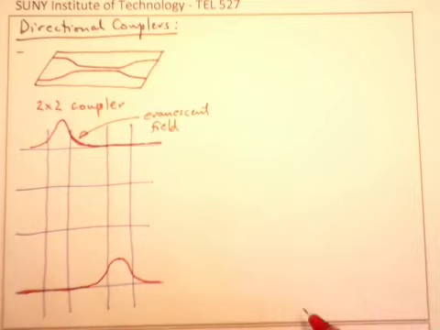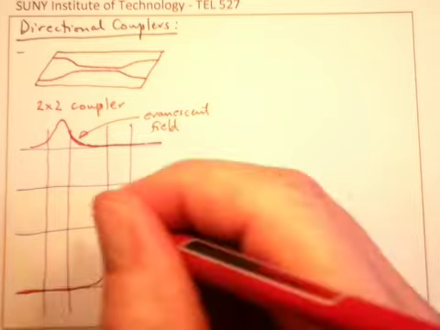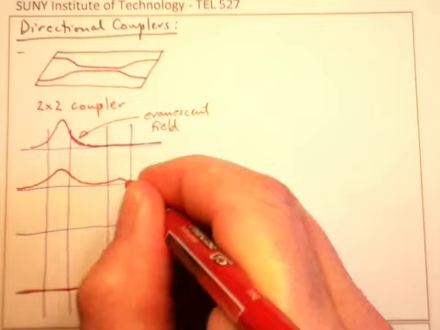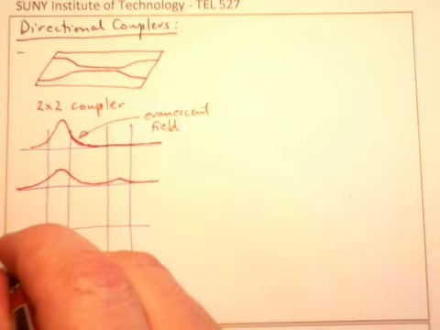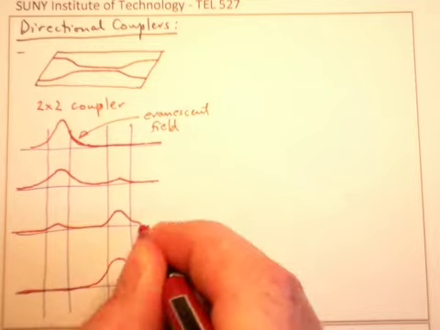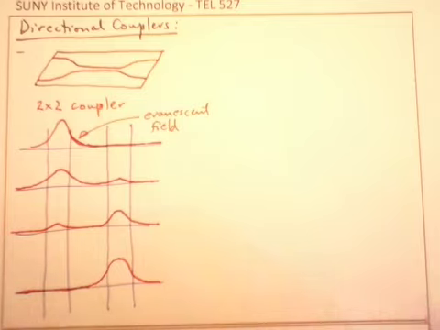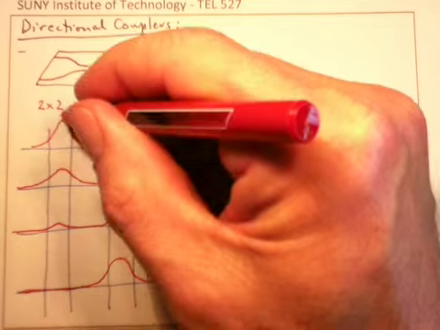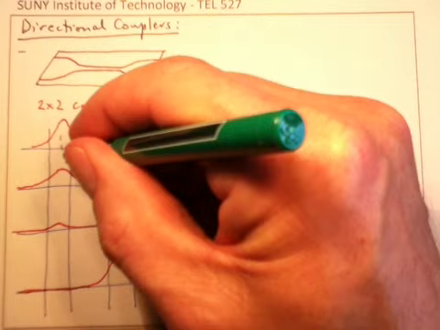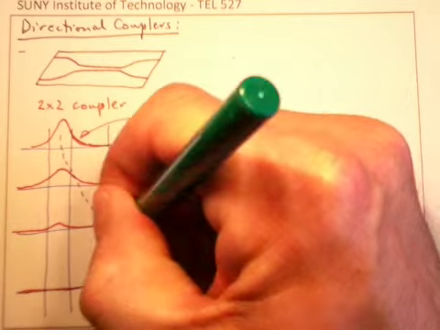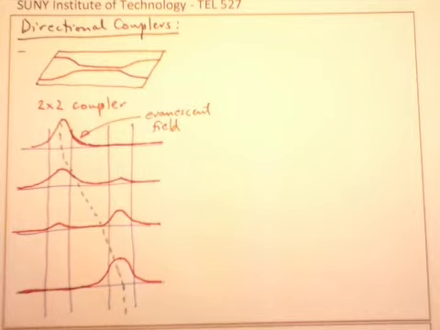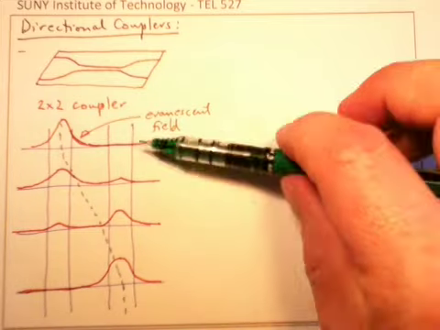So we have waveguide number 1 losing light and waveguide number 2 gaining a little bit of light, and then waveguide number 1 has lost most of its light. Basically the optical power is being transferred from one waveguide to the other in this device. Okay? And again, that occurs because of the evanescent field.